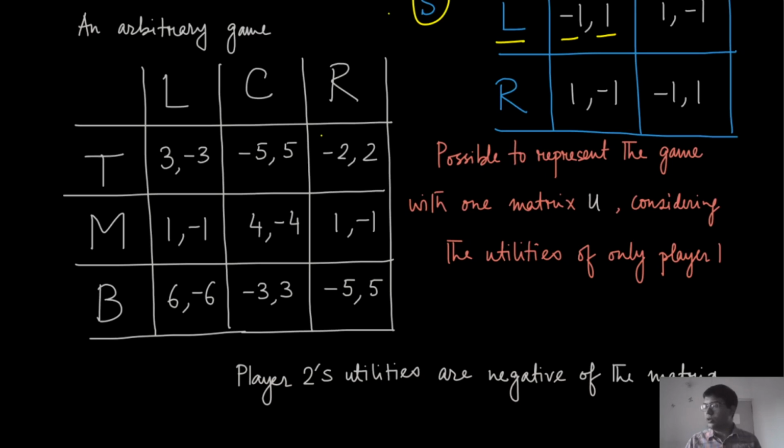You can notice that it is possible to represent the game with just one matrix, let's say U. Because the utility of the second player is always going to be the negative of player 1's, we can just denote the matrix with the utilities of player 1, and that will be sufficient to describe this game. That's the reason why this game is called a matrix game.